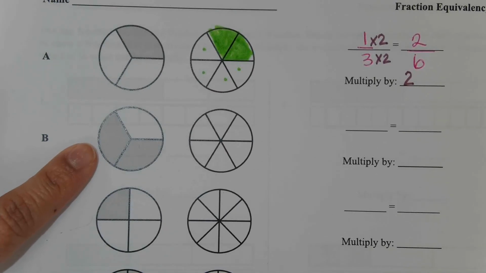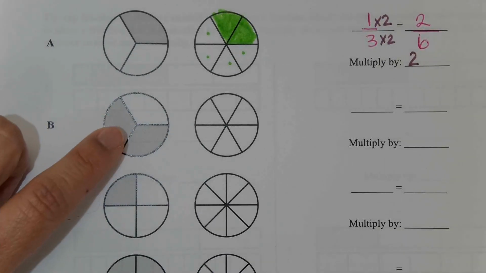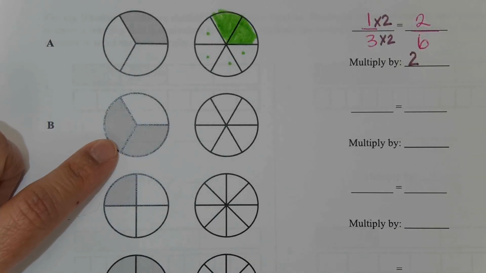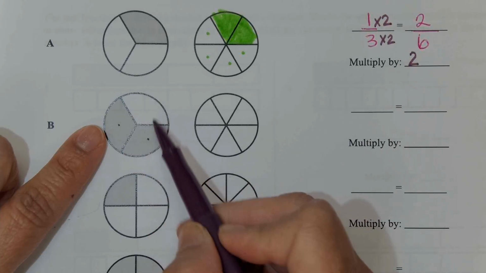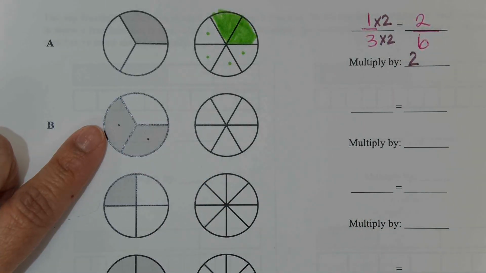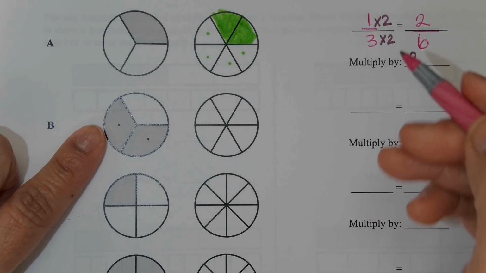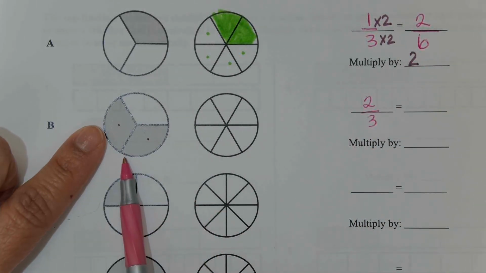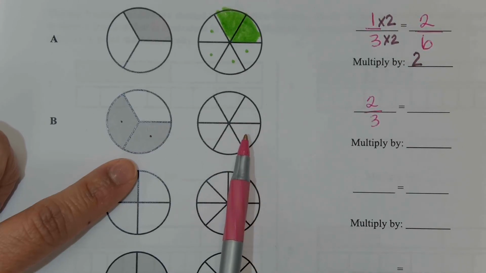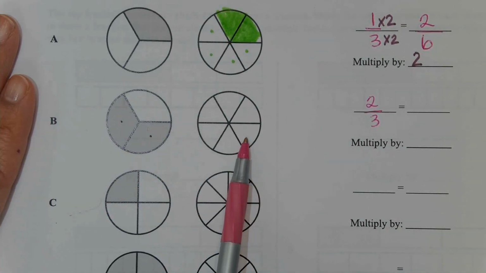Now let's look at letter B. So on letter B, what fraction is shaded on the left circle? 1, 2, 2 out of 3. So 2 out of 3 is shaded. 2 out of 3 are shaded on the left circle. How many do we need to shade on the right circle?